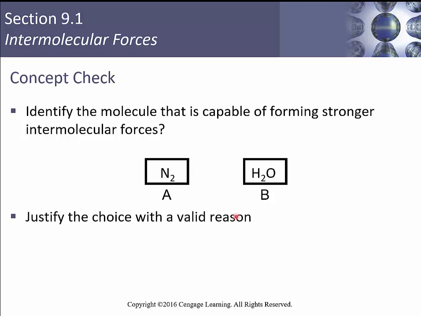What about water, H2O? Well, we know water is a polar molecule, so it's going to have dipole interactions. But not only that, it's got hydrogen bonded to an oxygen, and there's a lone pair of electrons on that oxygen, which means it can undergo hydrogen bonding as well.